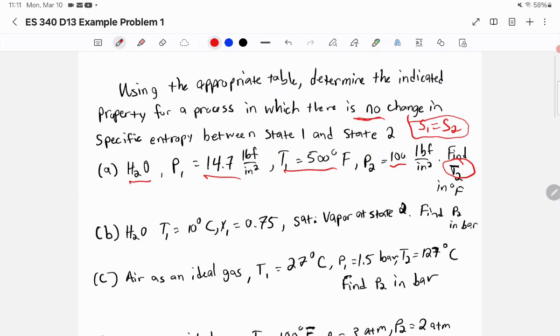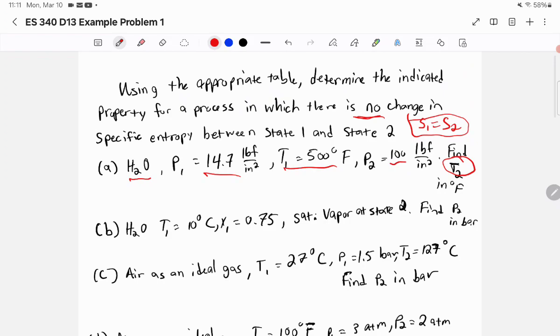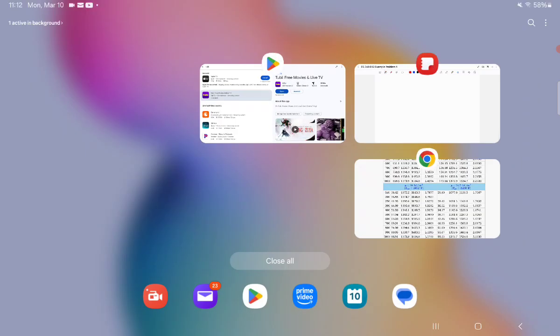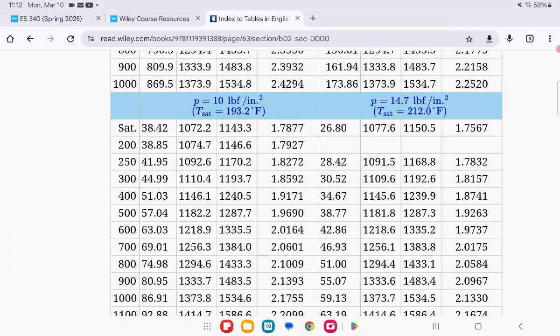Okay, and so coming here, we have to go back to 100 pound force per inch squared. I'm going to go here.